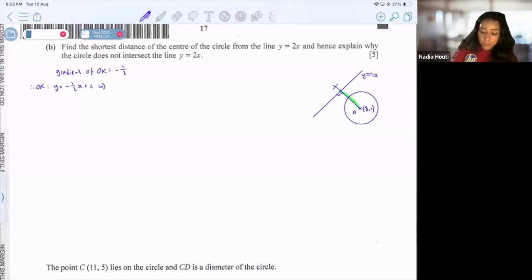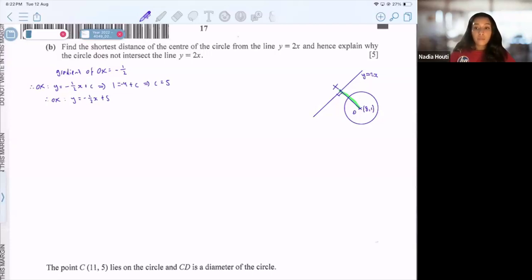So 1 equals negative half times 8, which is negative 4, plus c. So c is equal to 5. Therefore, OX is y equals negative half x plus 5. So we now know the equation of the line OX.